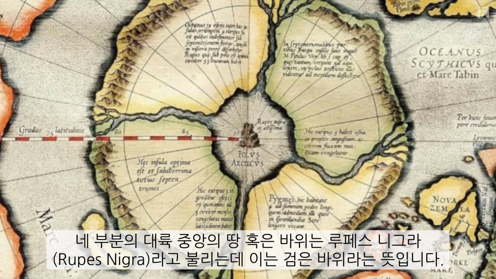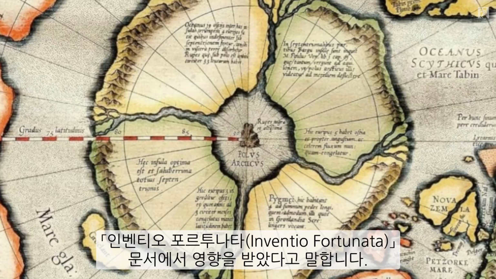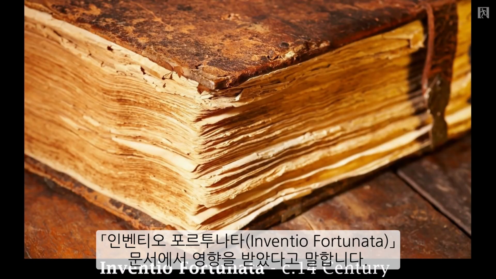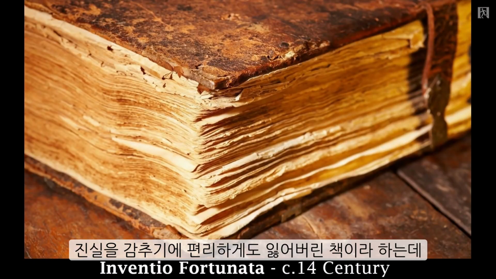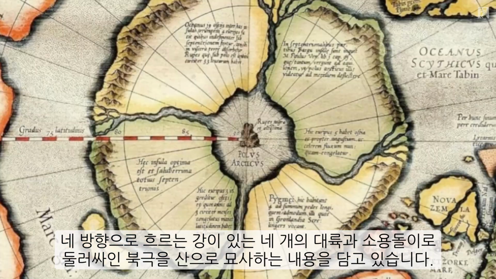translates to black rock. The official historians of the world tell us that Mercator's vision and influence came from the text Inventio Fortunata, a conveniently lost book containing a description of the North Pole as a mountain surrounded by a giant whirlpool and 4 continents with 4 directional rivers.